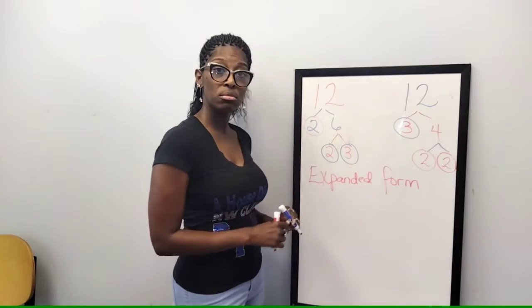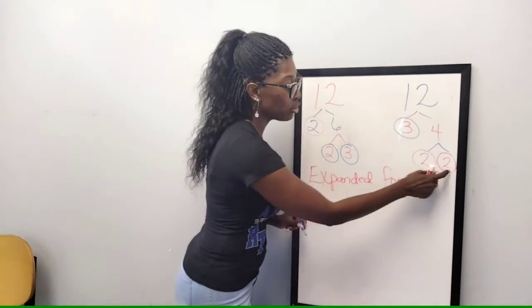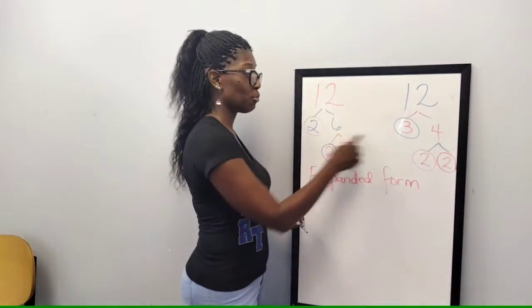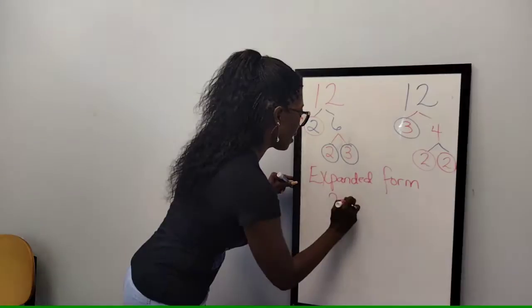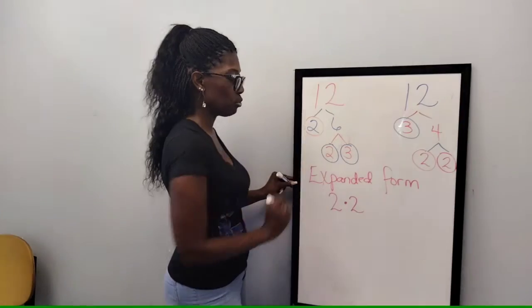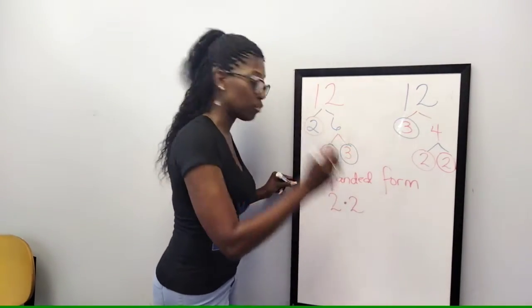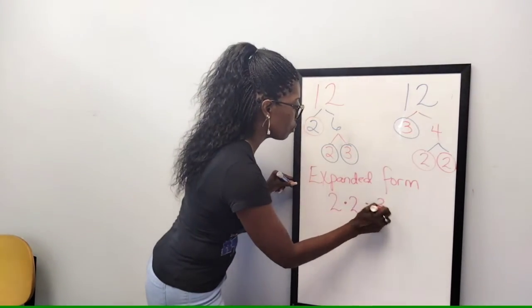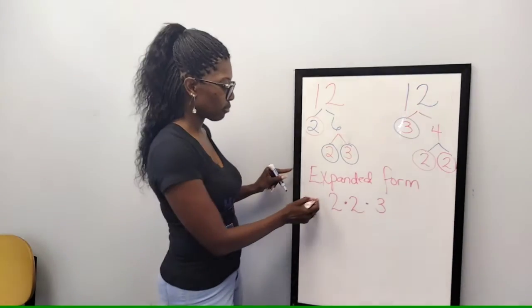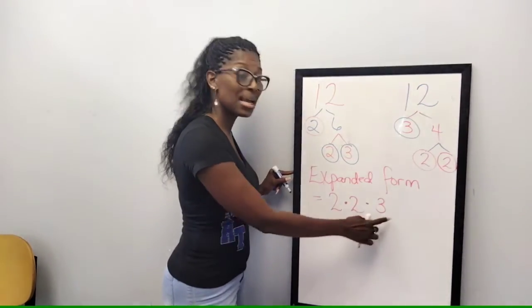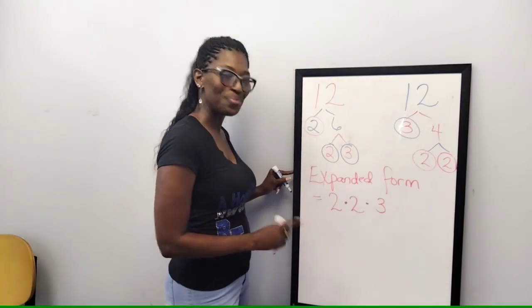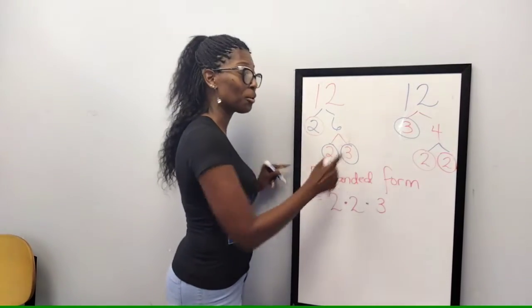There are two 2s, and one 3. So 2 times 2 times 3. 2 times 2 is 4. 4 times 3 is 12. So that's correct.